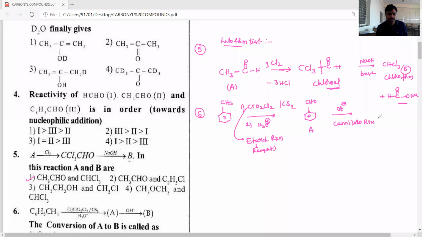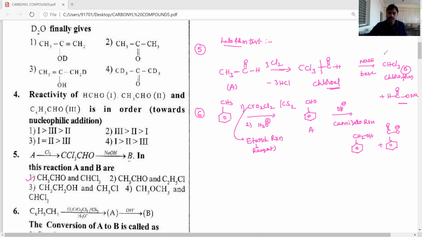In the Cannizzaro reaction, what are the major products, dear students? One is benzyl alcohol and another one is sodium benzoate or benzoate ion.